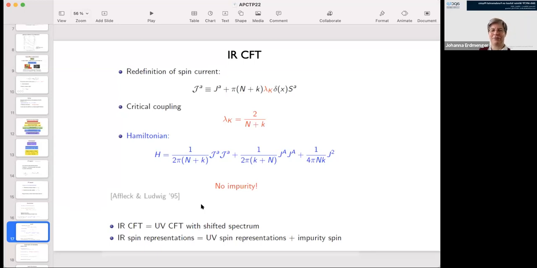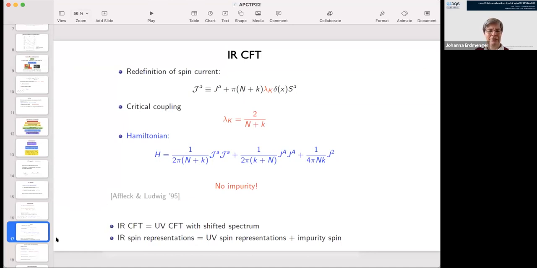So we can now use fusion techniques, as it's called, in CFT, and write the representation of the infrared theory in terms of a kind of Clebsch-Gordan expansion of the UV spin representations and this impurity spin. So the new spin is a combination of these two things, and that also translates into the fact that the representations will be combined in a particular way.